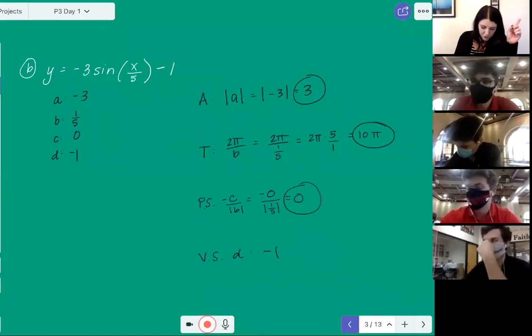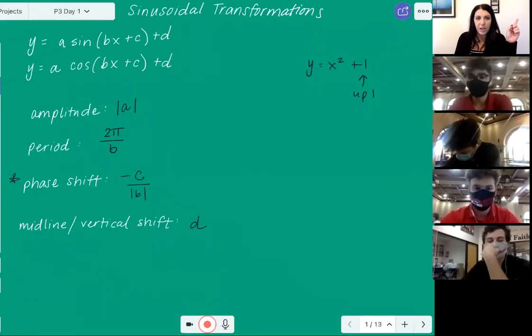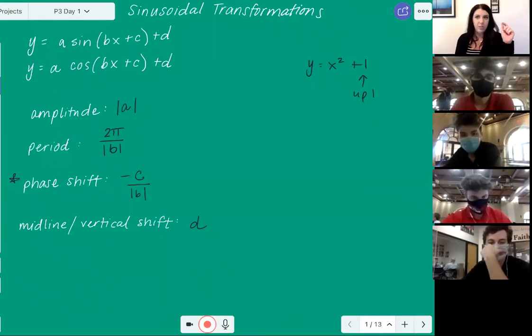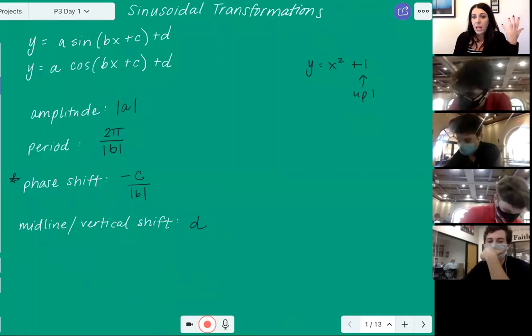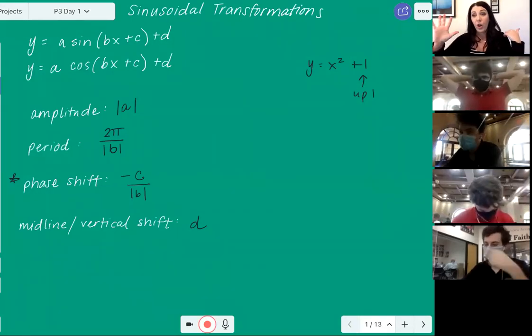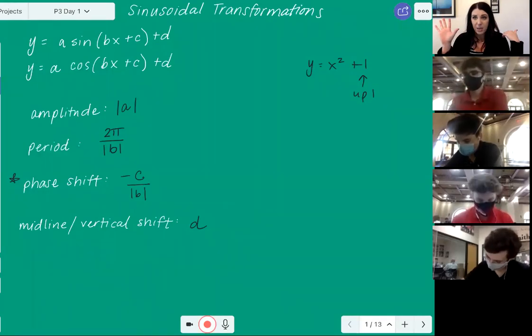There's one thing I just realized I need to adjust on our little list back here. The period should also be over the absolute value of B, so both of those have an absolute value of B. Your B could be negative. If your B is negative, it flips the graph over the y-axis. You might remember that from when we did exponentials.